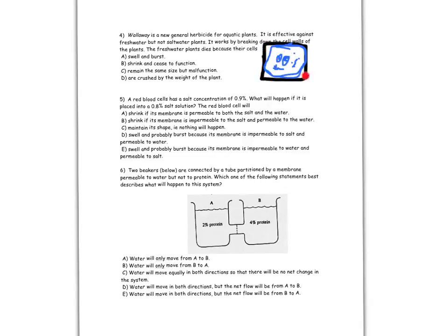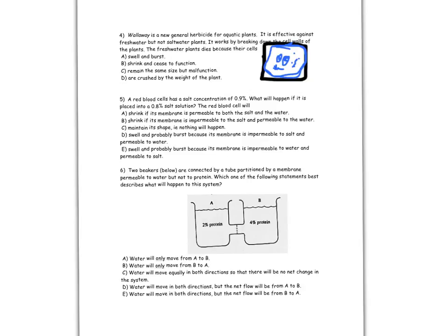What the cell wall will help it do is not burst. So if you get rid of the cell wall and the freshwater plant starts to gain water, the cells will start to burst.